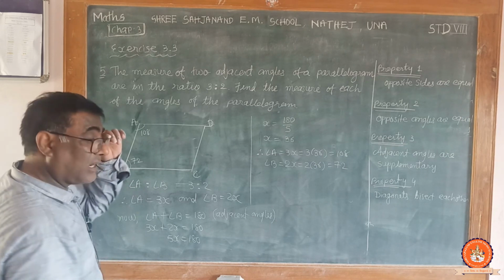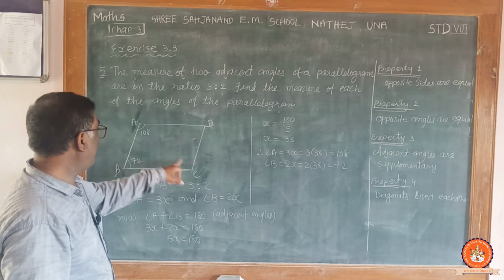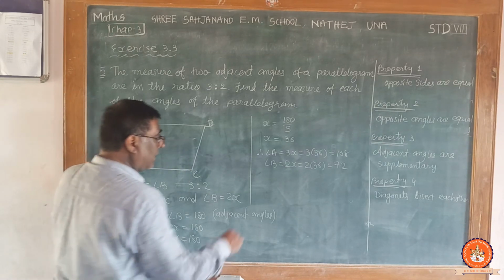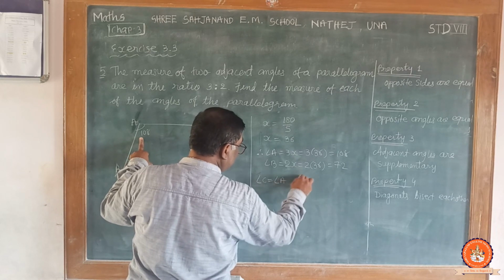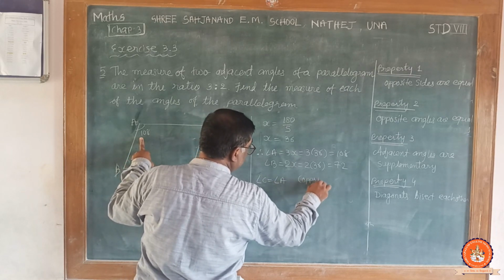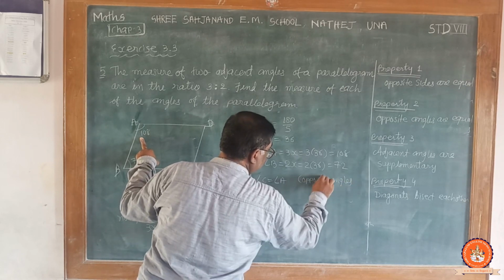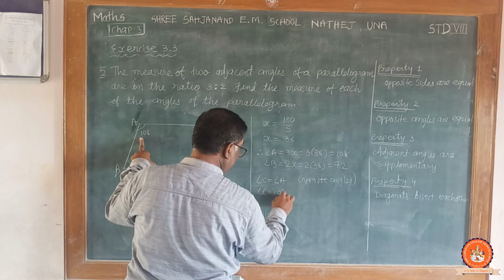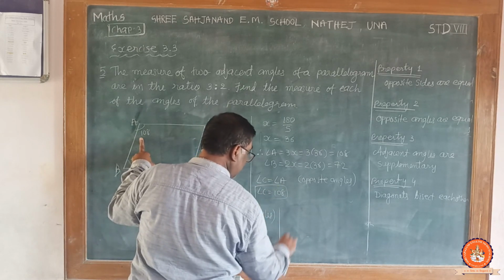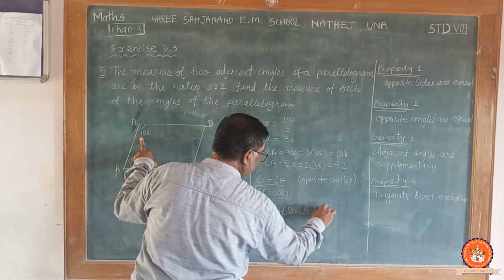अब हमें फाइंड करना है एंगल C and angle D. Now C is the opposite angle of angle A. So here angle C is equal to angle A because opposite angles. So angle C is equal to A is equal to 108, and angle D is equal to angle B, again opposite angle.